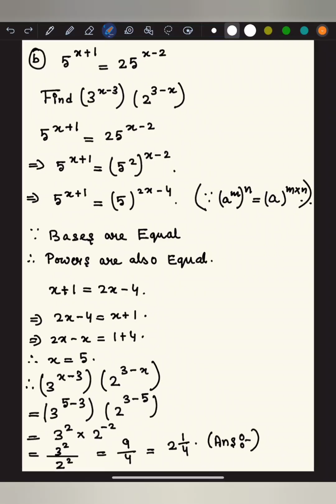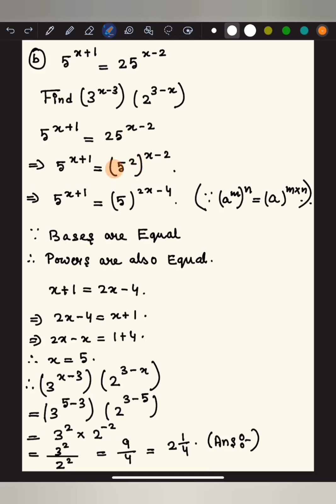Okay, so let's keep the left hand side as it is, and let's solve the right hand side first, because we need to write this 25 in terms of 5. So this 25 can be written as 5 square.